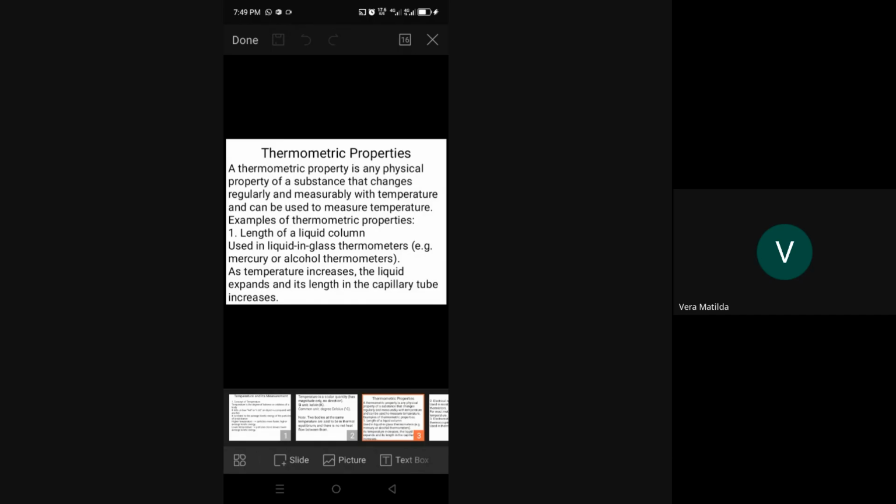As temperature increases, any of this liquid, whether it is mercury or alcohol, will expand and its length in the capillary tube will increase. That's why once you put a thermometer on yourself, you can measure your own temperature. You discover that the liquid will begin to move. Okay, it's expanding. That is why it's increasing in length. It's because of the expansion. All right. That is length of a liquid column.